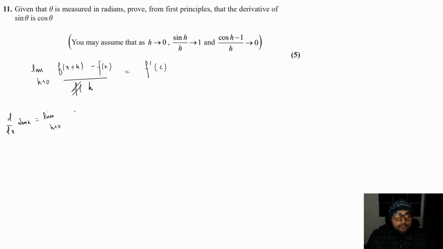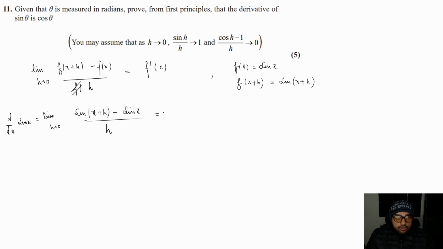On plugging the value of f(x plus h), the function of x here is sin x, student. So f(x plus h) will be sin of x plus h. Now plug the values in the first principle. We'll be getting sin of x plus h, minus sin of x, upon h.